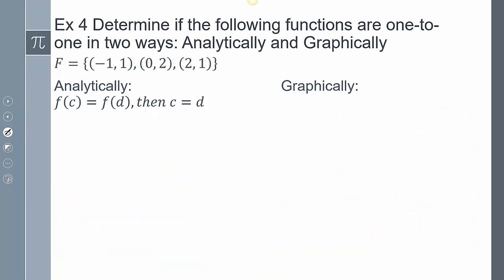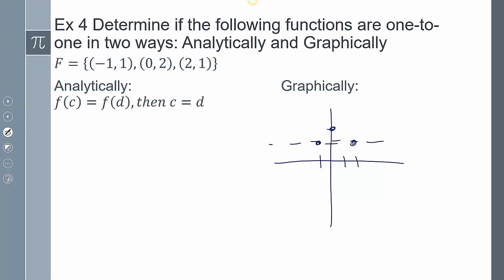Now also, if we take points and we were able to graph this, we could also show if something is not 1 to 1. So graphically, if I graph this, I have negative 1, positive 1, 0, 2, and then 2, positive 1. Well, it fails there. So because it fails there, it's not 1 to 1.